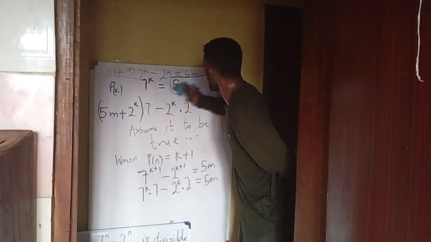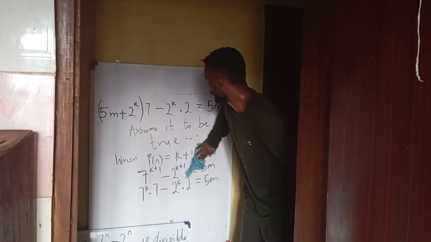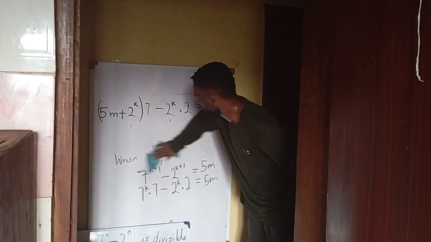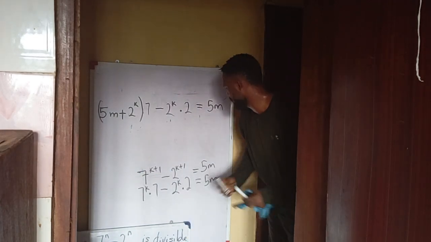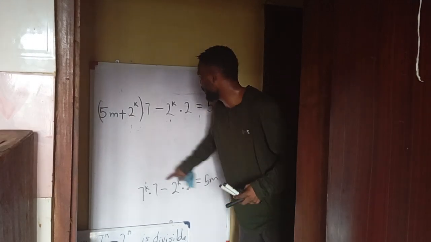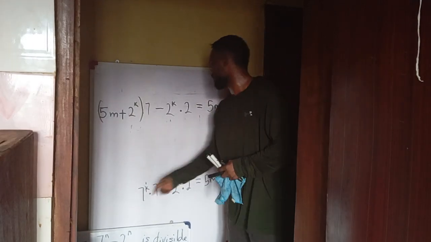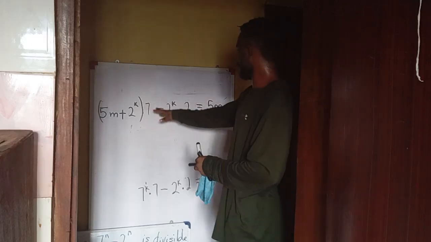So let me just clean this so I have more space. Then we are here. So at this junction, remember that what I have here is the same thing, just that I replaced 7^k. So let's check. Can anything be done here?